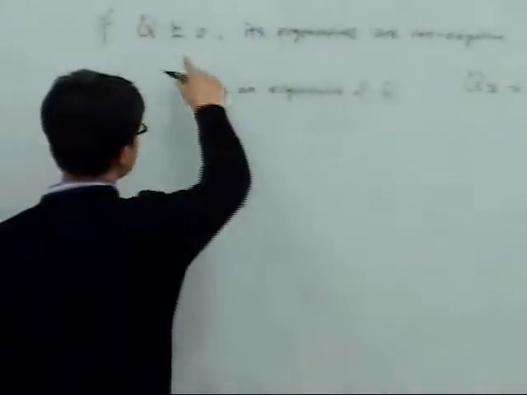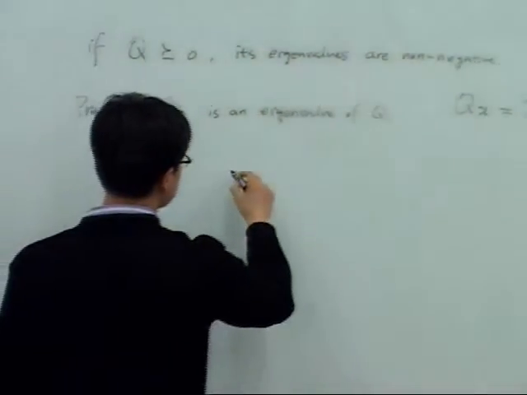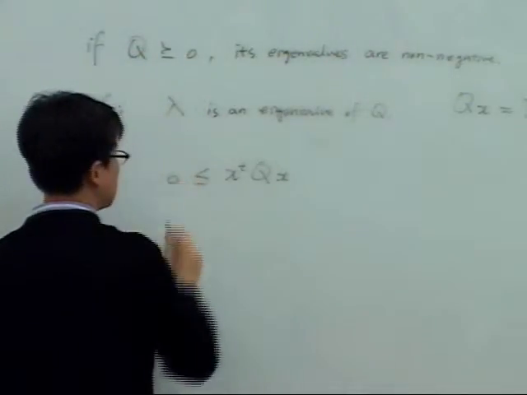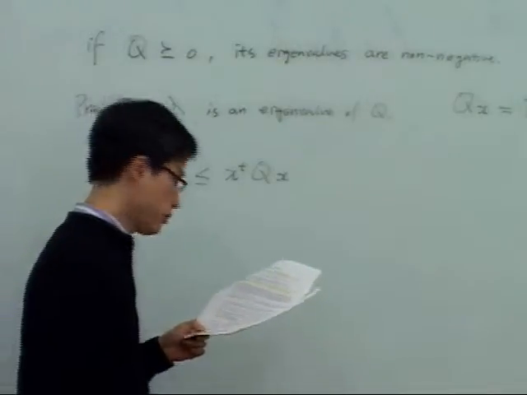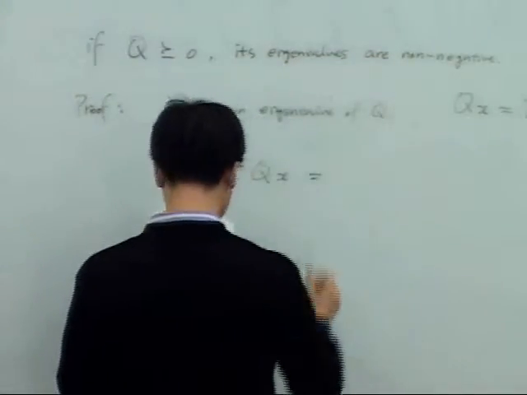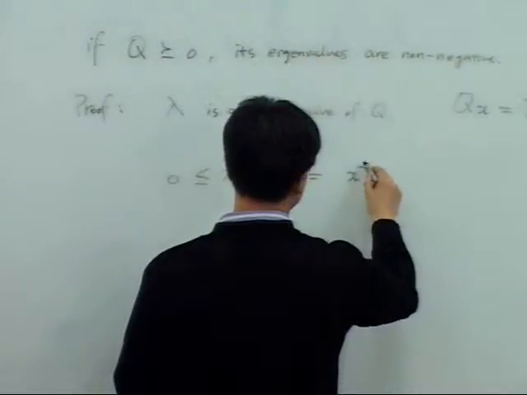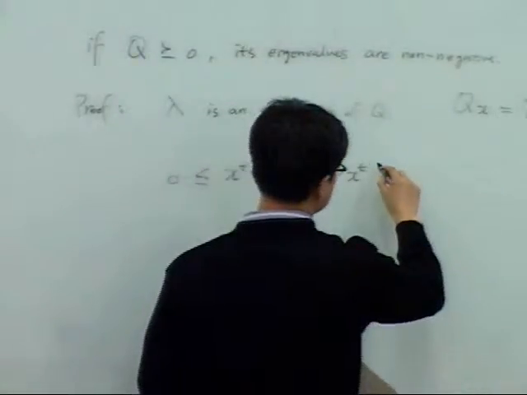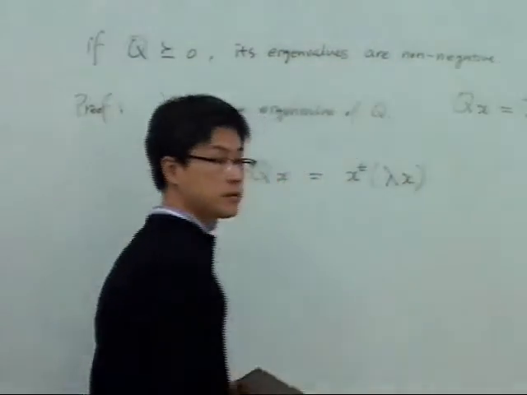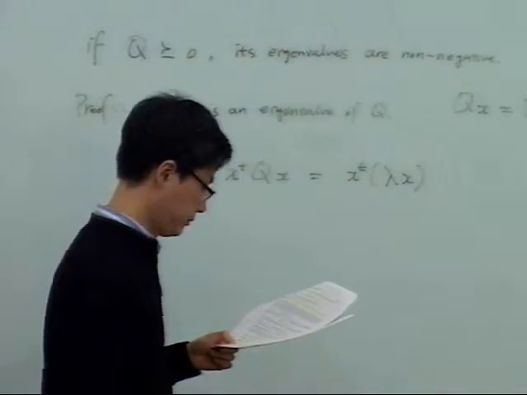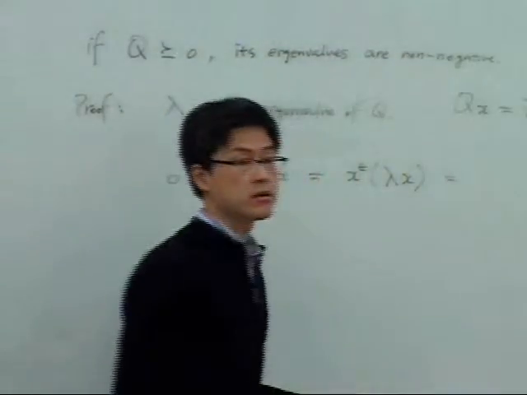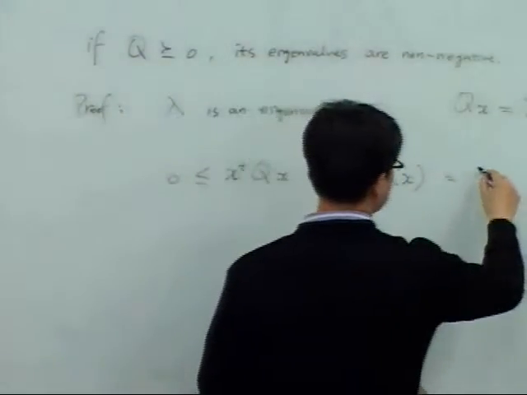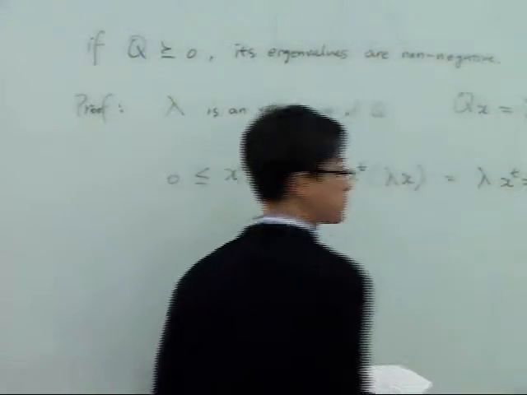And since we assume that Q is positive semi-definite, x transpose Qx is greater than or equal to 0. And this is exactly the same as x transpose lambda x. And lambda is a scalar value. We can put that lambda in front: lambda x transpose x.